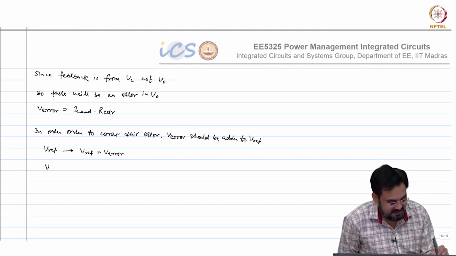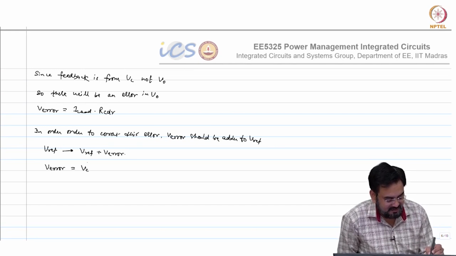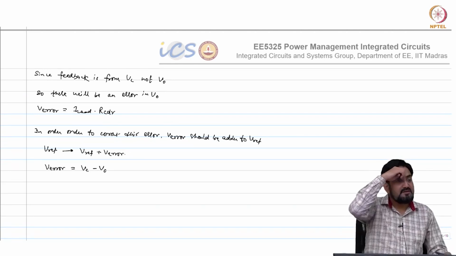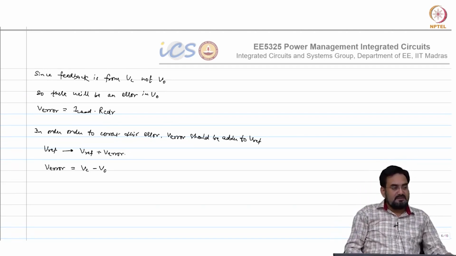And what is V error? V error is nothing but Vc minus V out. So, this is one way. I mean, you take the difference and add it in.